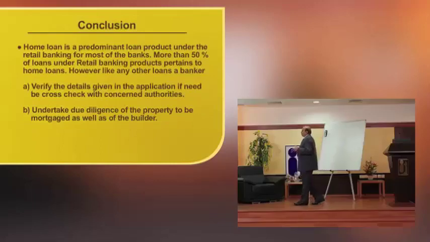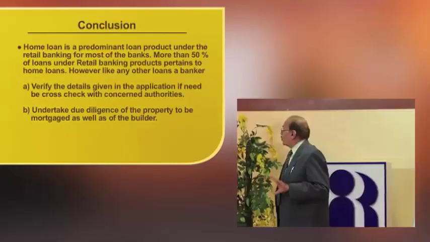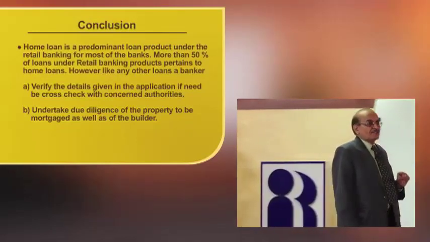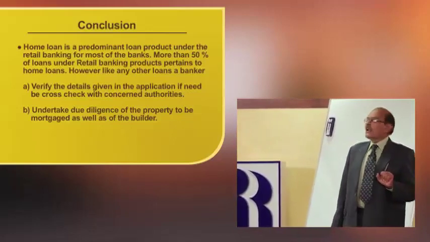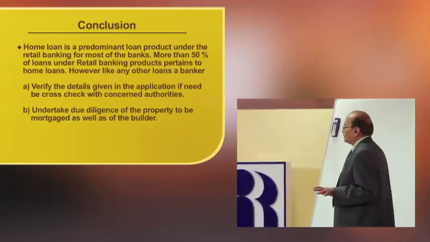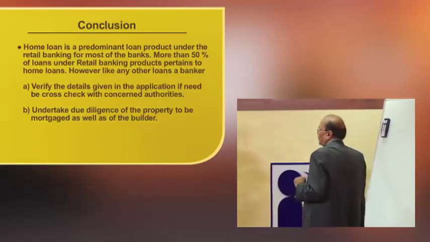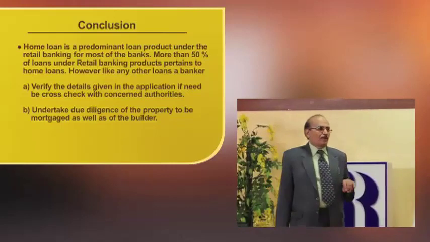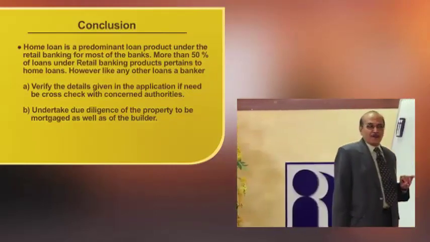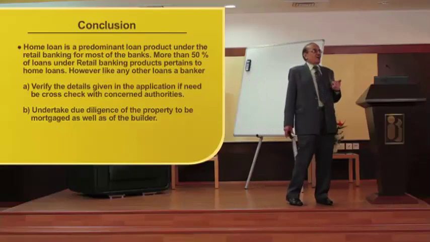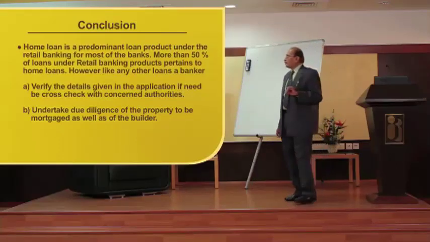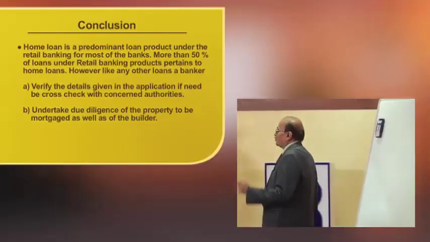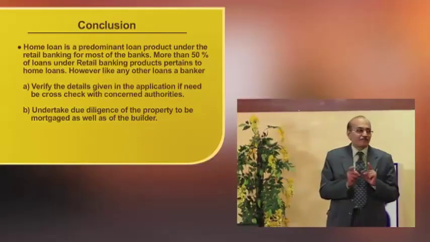So to conclude, home loan is a prominent loan product under the retail banking of most of the banks. 50% of the loan under the retail banking is home loans. Like any other loan, the banker has to take certain precautions. Number one, verify the details given in the application form. Cross-check the details from the concerned authorities. Number two, undertake due diligence of the property to be mortgaged as well as that of the builder.